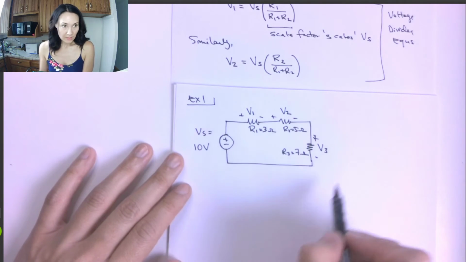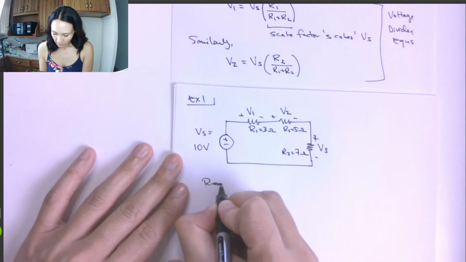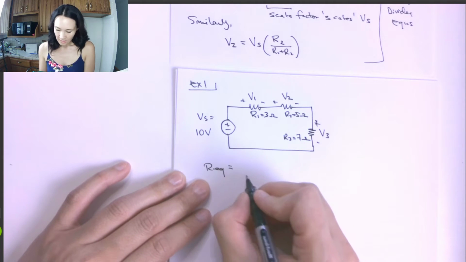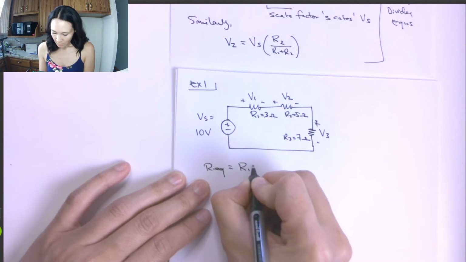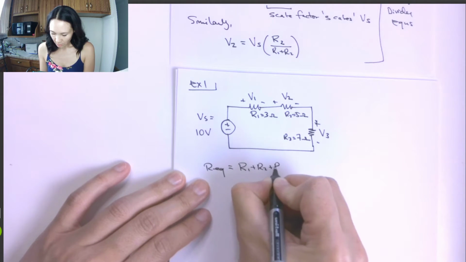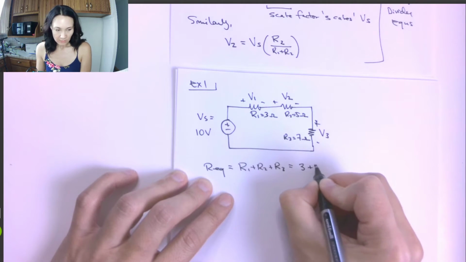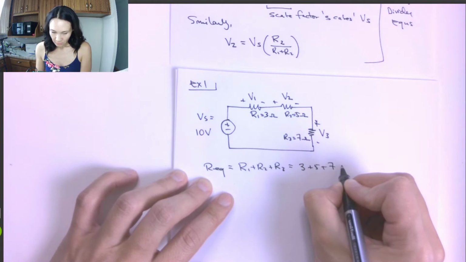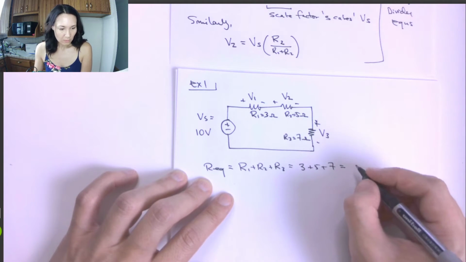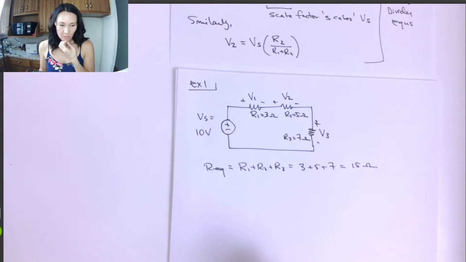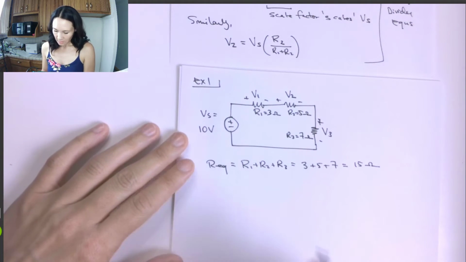Okay, so this is a series circuit. We can find R equivalent by the equation of how to combine resistors in series. That's just going to be R1 plus R2 plus R3. So for our example here, that's 3 plus 5 plus 7, which gives us 15 ohms. Great, so we have our R equivalent.